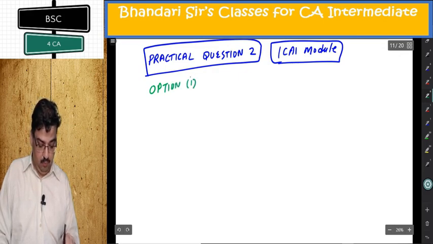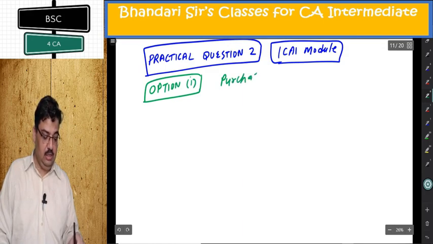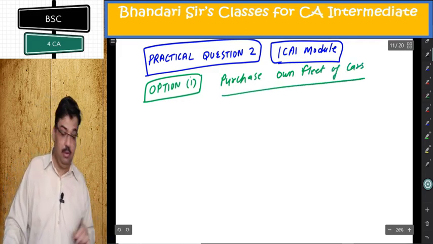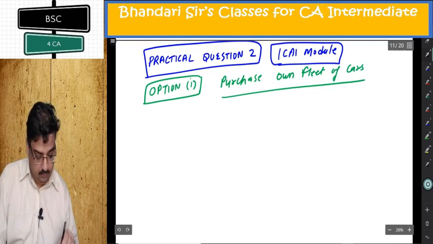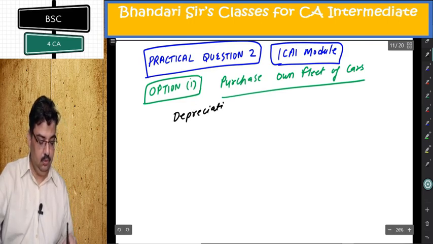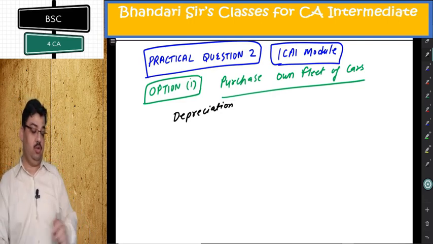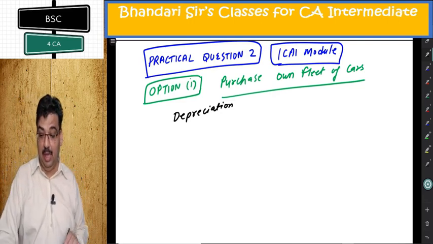Option 1, purchase own fleet of cars. Once you become the owner, you will have to incur all the costs. So what you are getting is depreciation. You are given 20,000 kilometers to be traveled every year, so I am comparing the annual cost. Depreciation I need to calculate.